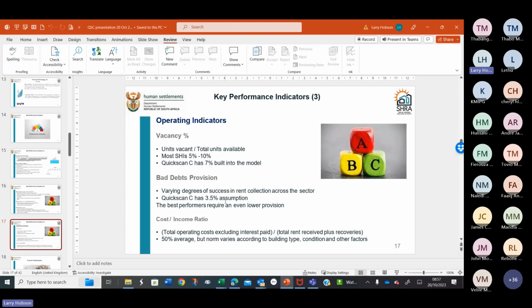Earlier, when I was talking about operating costs, we had a mention of the cost income ratio, which is total operating costs excluding interest paid, divided by total rent and recoveries. And this varies.